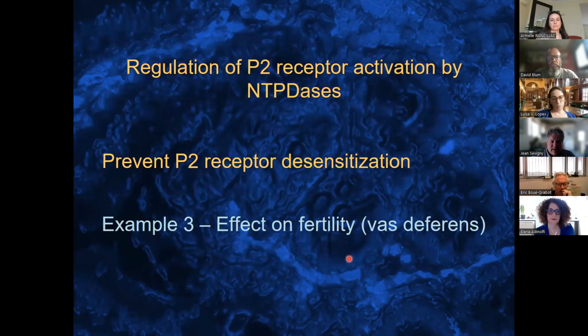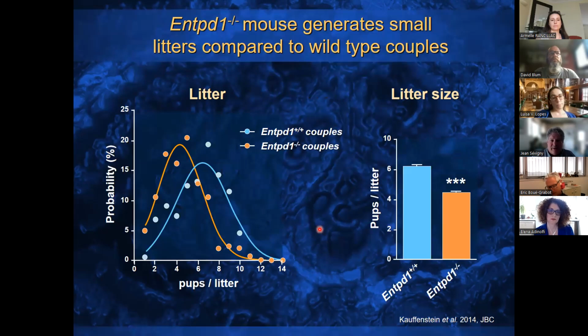Now I'd like to show a second example on the effect of NTPDase on P2 receptor desensitization. The model will be the effect on fertility. We observed after more than 800 litters that the mice deficient for NTPDase1 did not produce as many pups as wild-type mice do.